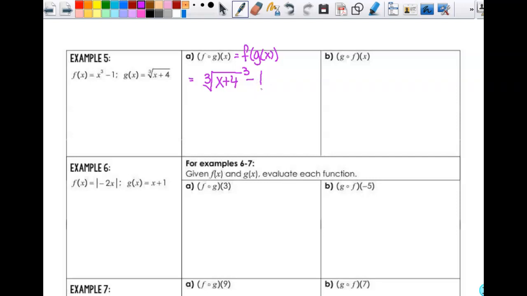Is that what you get when you substitute it in? Cube root of x plus 4, cubed, minus 1? Does a cube undo a cube root? And it's this entire cube root that's being cubed. Those are inverses of each other, so that gives me just x plus 4 and then minus 1. So that means I get x plus 3, and that equals f of g of x.